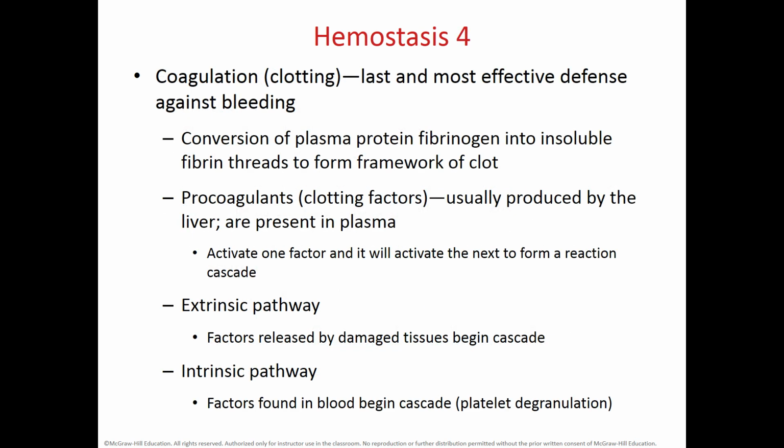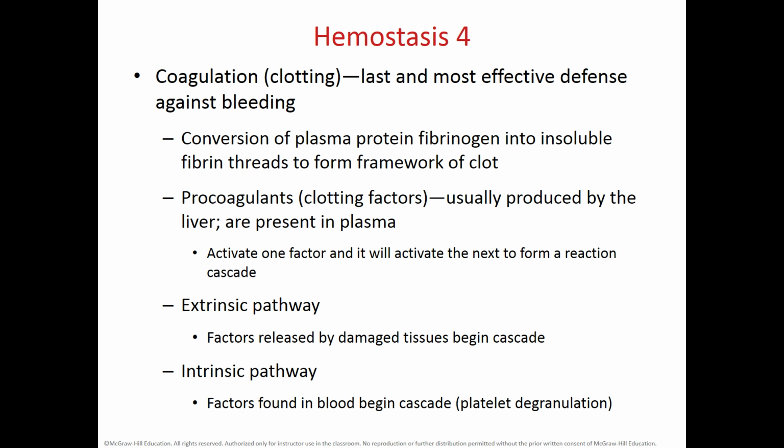In the clotting mechanism, which is the last and most effective defense against bleeding, you will convert fibrinogen, which is fragments of protein, they're going to clump together, form a thread of fibrin, and they will form a framework.